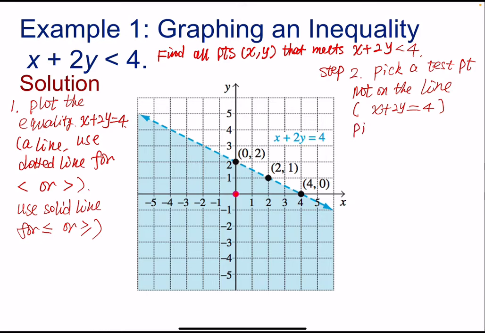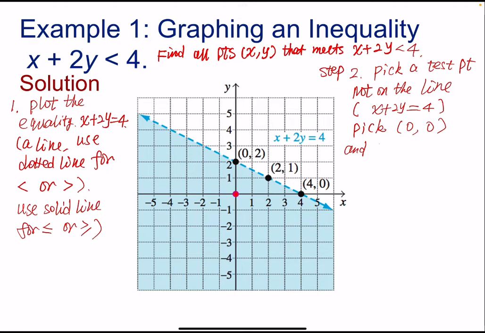We pick the test point (0, 0) because the origin is not on the line. In general, when the origin is not on the line, it's convenient to pick the origin because both x and y coordinates are 0. So pick 0 and 0 as the test point.